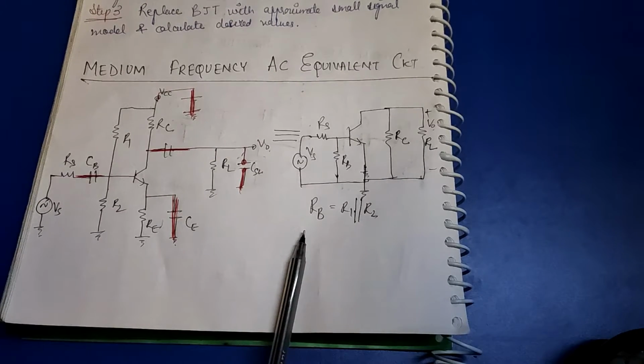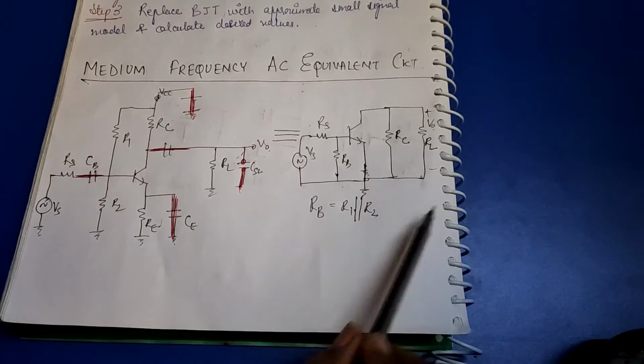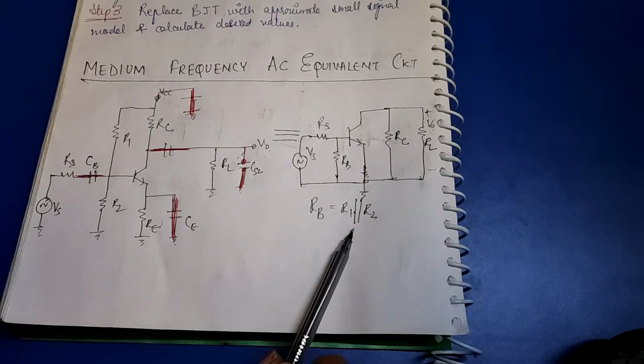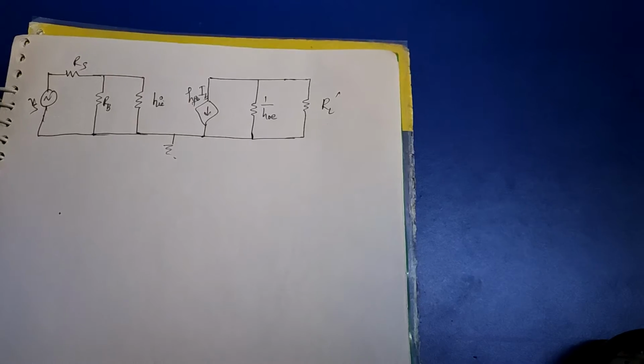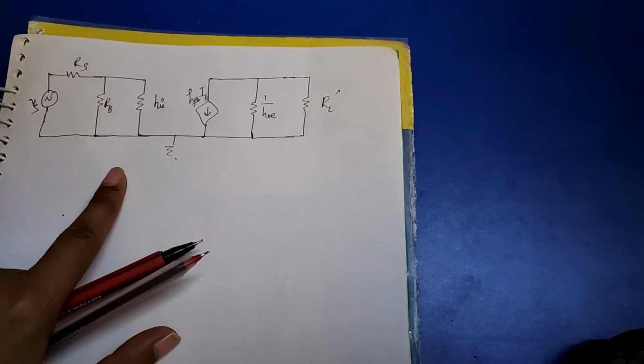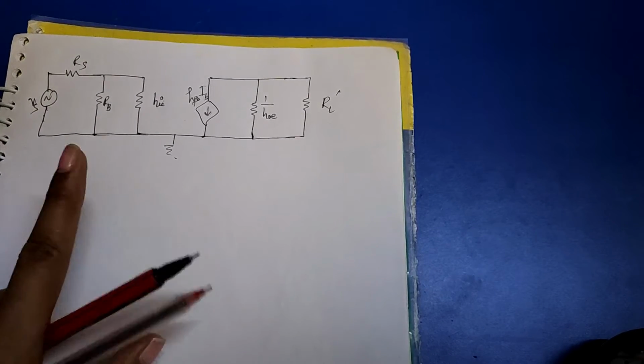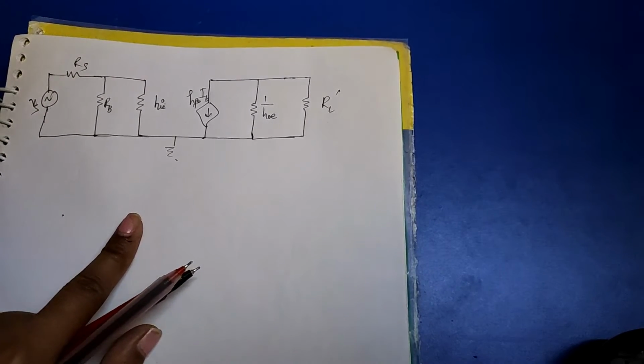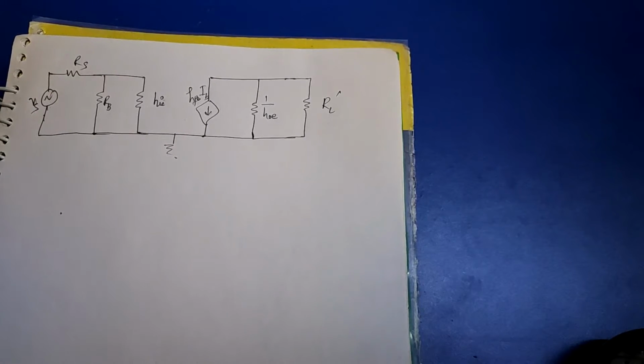Now it's very easy. From the earlier video you know how to convert this circuit into h-parameter model. So let me just convert it. So this is the h-parameter model of the required circuit. Now here you can see that I have taken only the approximate circuit, guys.